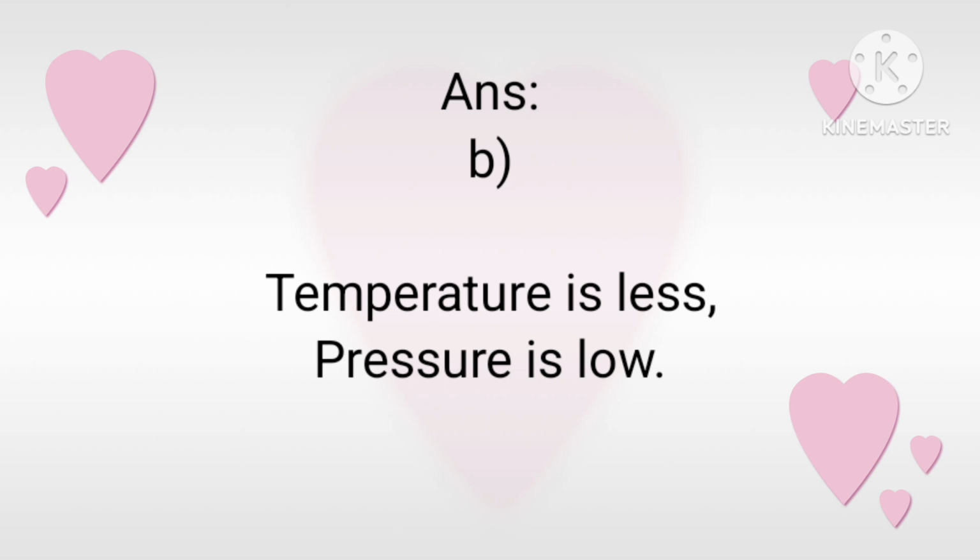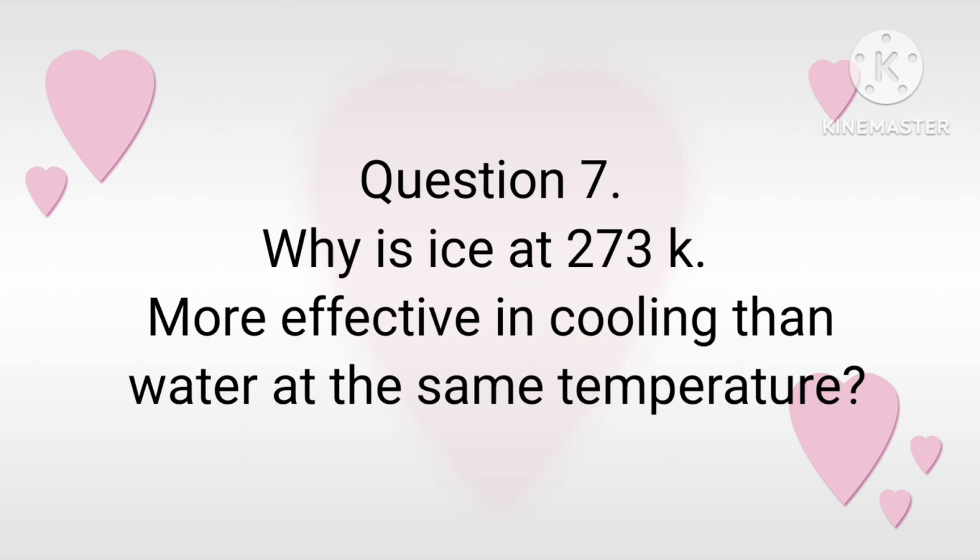Because the temperature is very low and the pressure is very low, the same as the answer for the first one. Solid is very hard. If you want to melt it, you have to apply much more temperature, it should be very high temperature, as well as pressure.